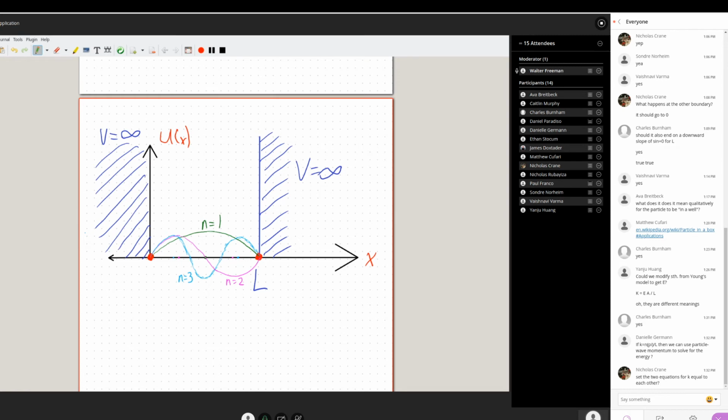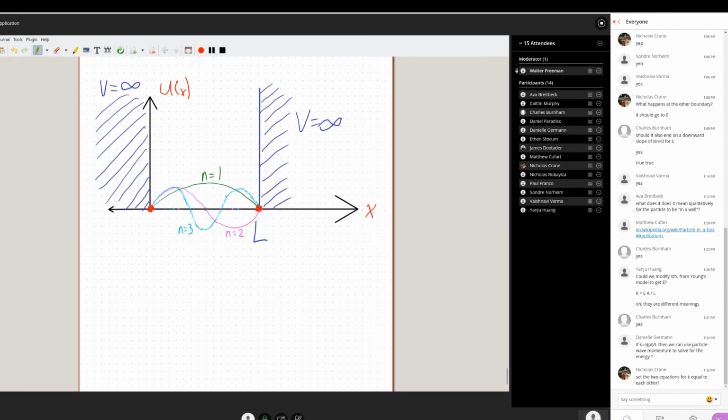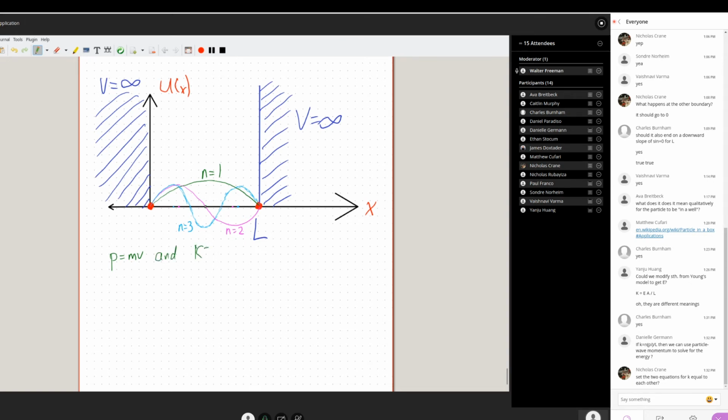Yes, Danielle, I'm not going to invoke momentum exactly, but if you say that momentum is mass times velocity, using some pseudo-classical ideas, and the kinetic energy is 1/2 mv squared, then the kinetic energy is p squared over 2m, and following that strand of thought gets you the same value.